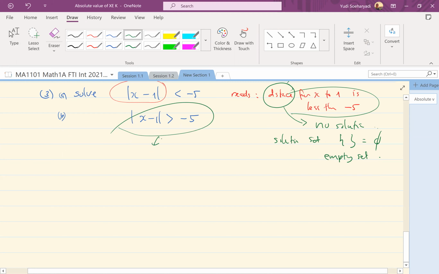What kind of x has distance to 1 bigger than -5? x more than 1? What about x equals 0, for example? Yeah, I think that works too. So what kind of x satisfy the inequality?